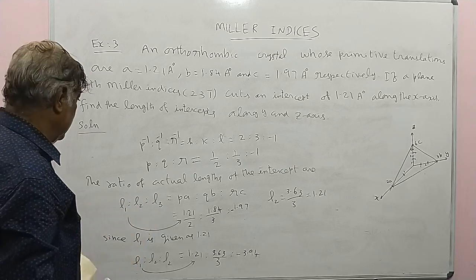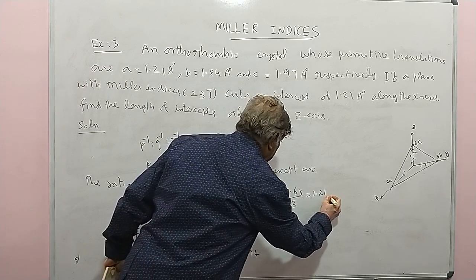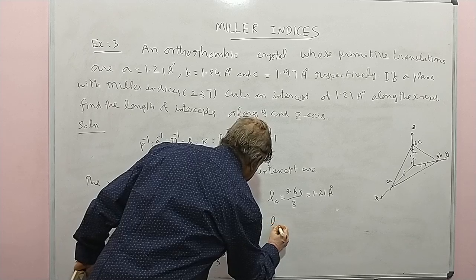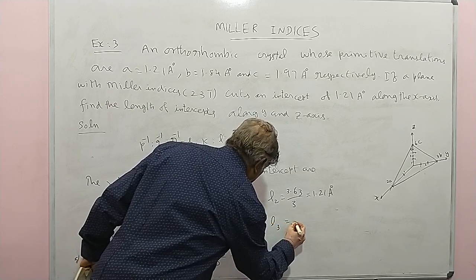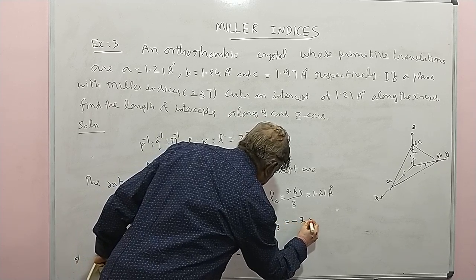So L2 is 1.21 angstrom unit, and your L3 is equal to minus 3.94.